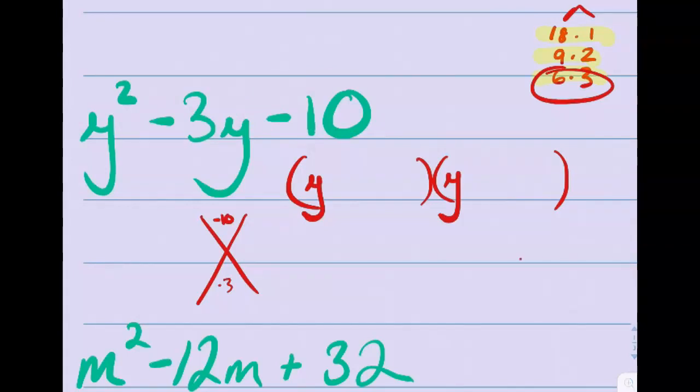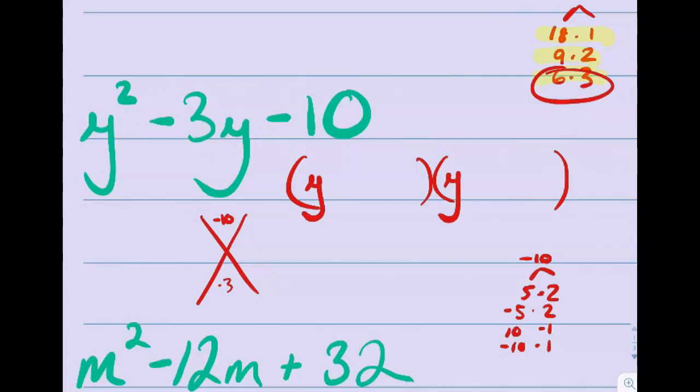Let's see. Negative 10 would be 5 and 2. You could do 5 times negative 2, negative 5 times positive 2, 10 and 1. So you go 10 times negative 1, negative 10 times positive 1. I think that's it, right? But which set gets us to a negative 3?